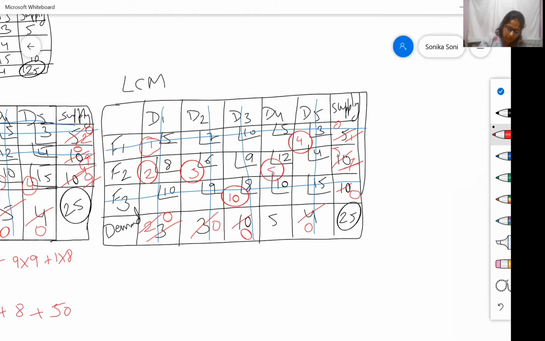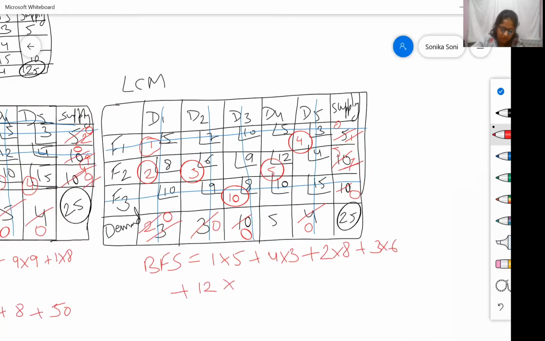Now we have to find the basic feasible solution, which is equal to 1 into 5 in F1D1, plus 4 into 3, plus 2 into 8, plus 3 into 6, plus 5 into 12, plus 10 into 8.